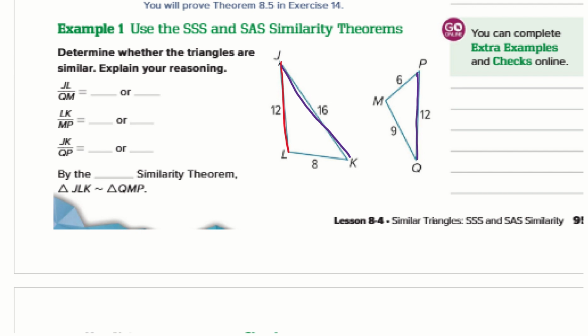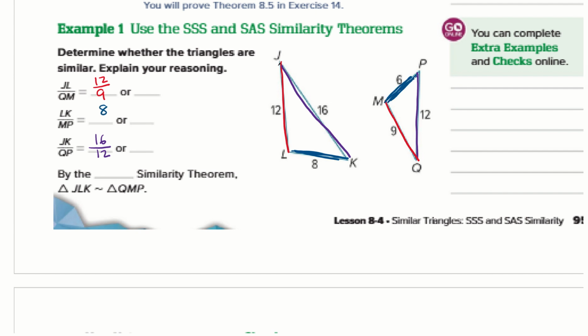So we can see that JK matches up with QP. So the biggest side goes with the biggest side, so 16 over 12. And then the medium side goes with the medium side. So that means the JL matches up with MQ. So 12 matches up with 9. And then this right here matches up with this right here.